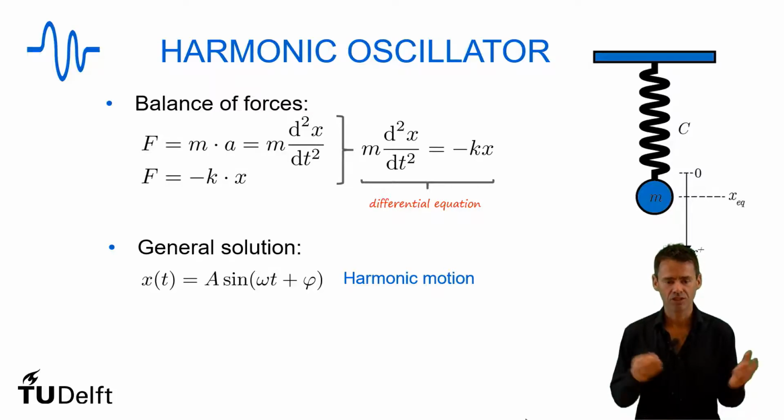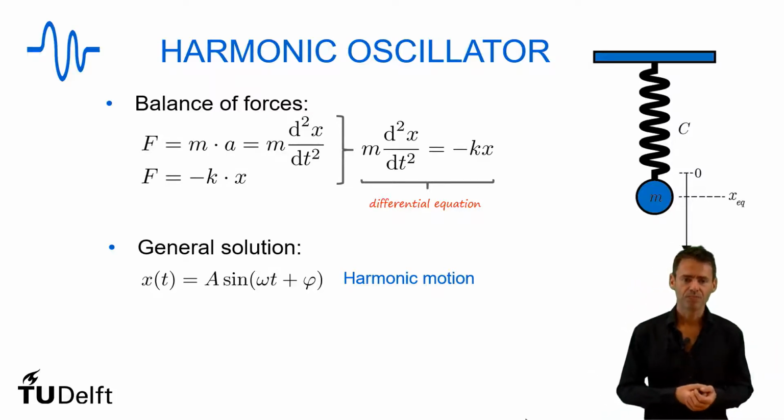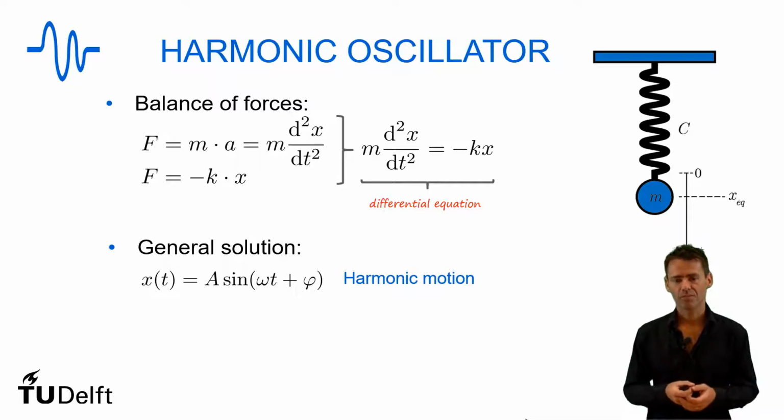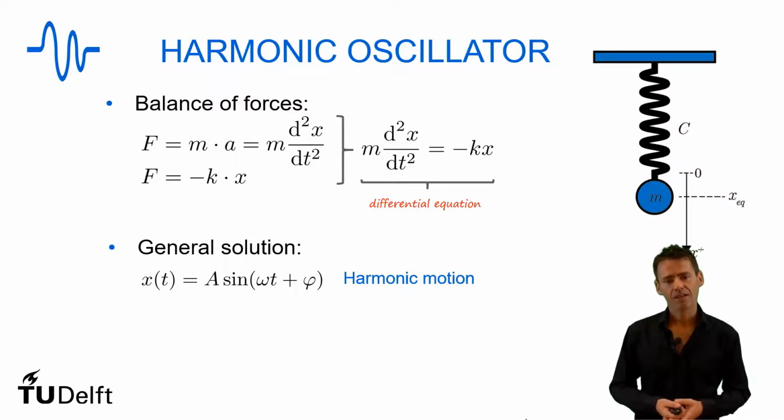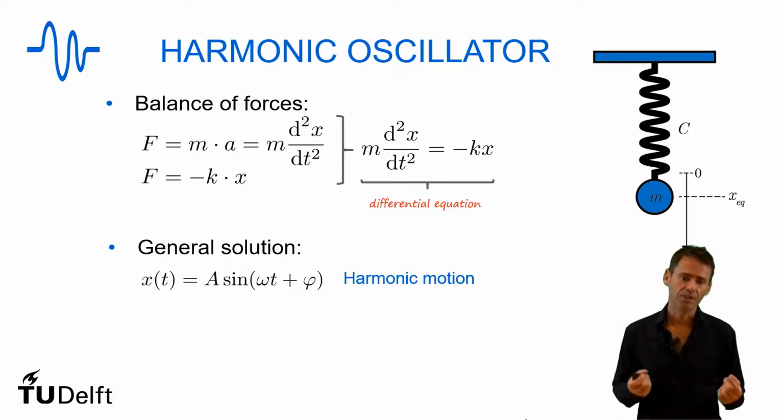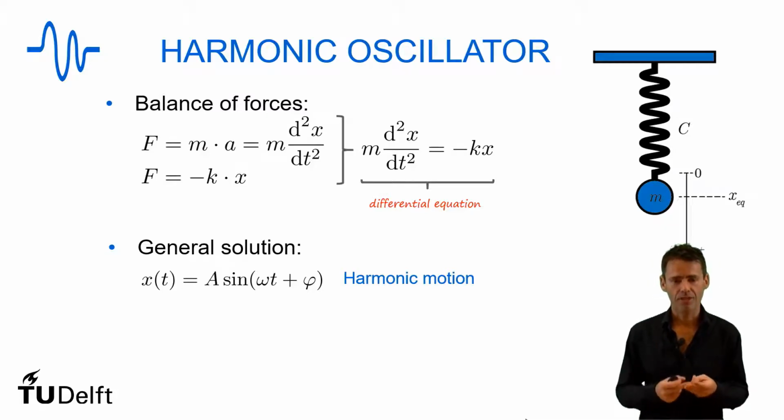In fact, the most general solution, x of t, is A times sine of omega t plus a phase phi. Please try it for yourself, fill it out in this equation, and see that this is a solution. When you do that, you can find values for the unknown parameters A, omega, and phi.